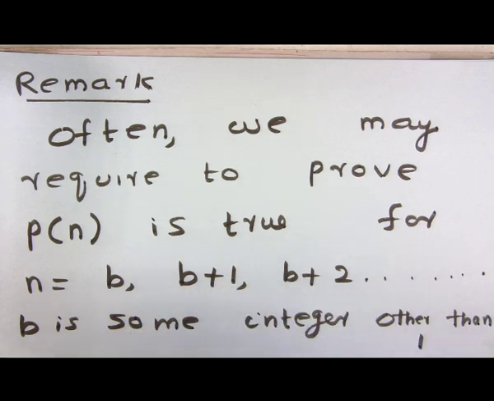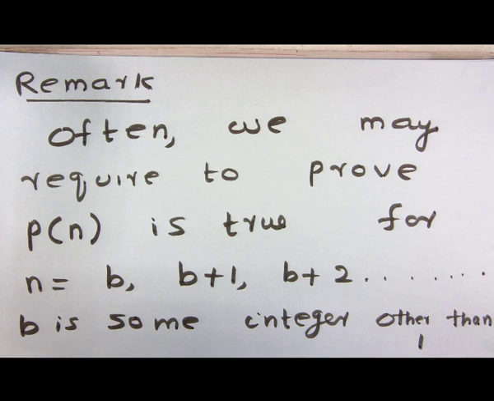That is, here we are not asked to prove P of n for all natural numbers n, but only starting from b. The question is, can we apply mathematical induction?